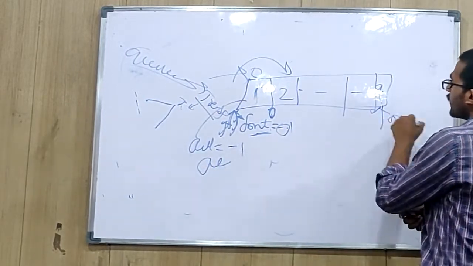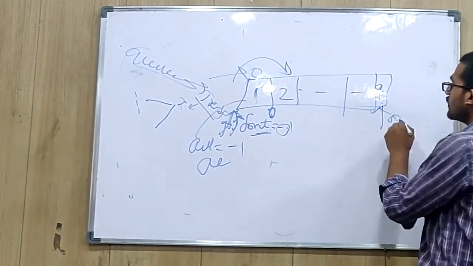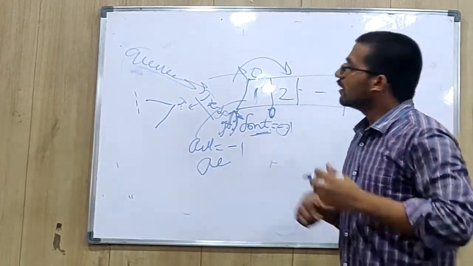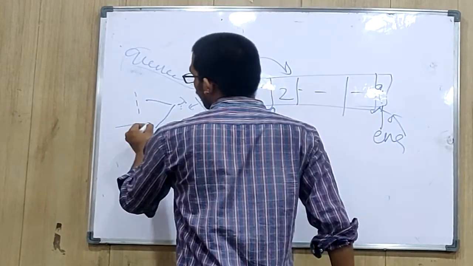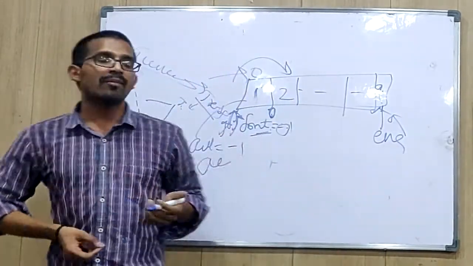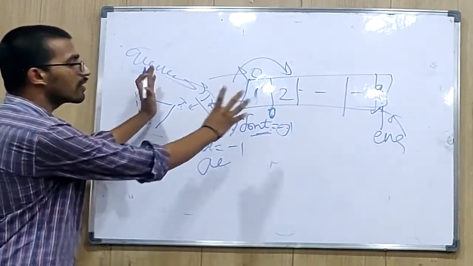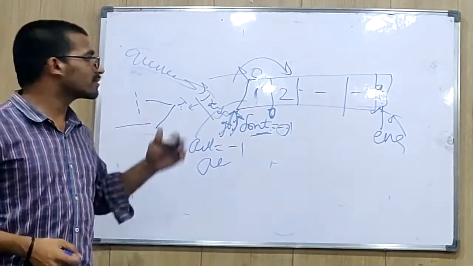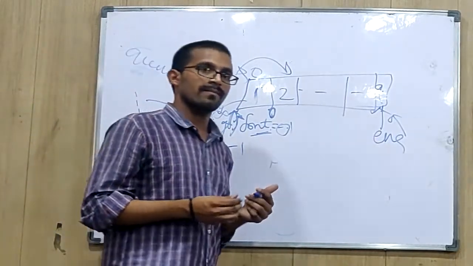We can enter elements from the rear, which is called enqueue. In queues we have circular queues and priority queues, which are many, but if you understand this concept, you can understand the whole topic and its subtopics in queues.